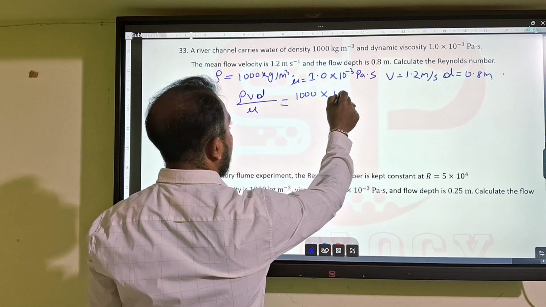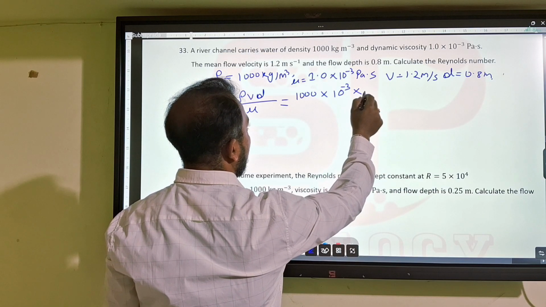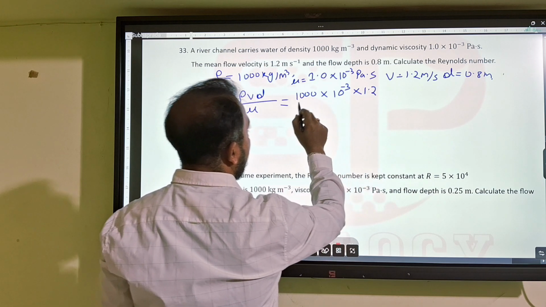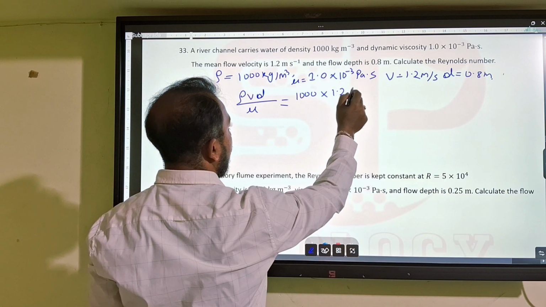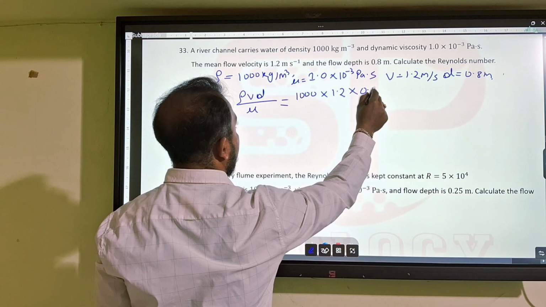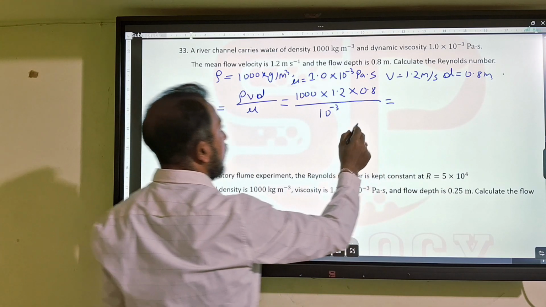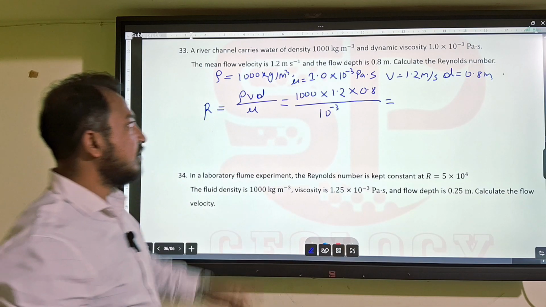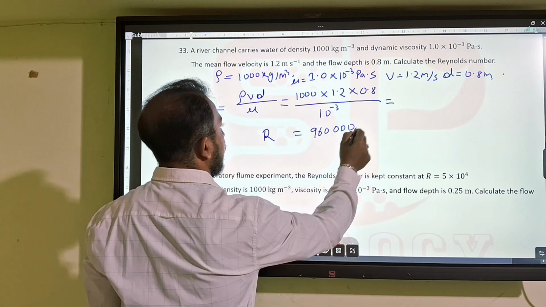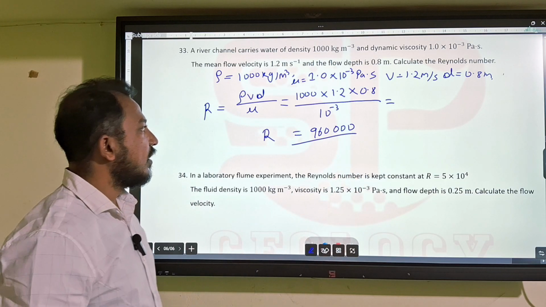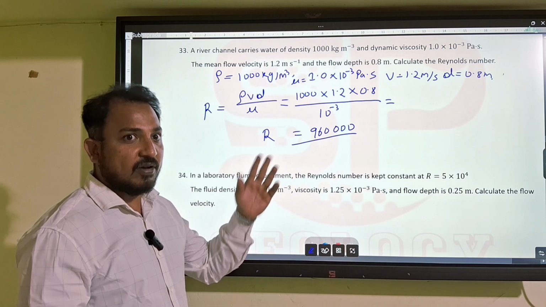So 1000 into 1.2 into 0.8 divided by 10 to the power minus 3. It is a dimensionless quantity, so there will be no unit here. Now we will calculate the answer. The answer will be 960,000. Now you can comment whether this flow will be turbulent or laminar.